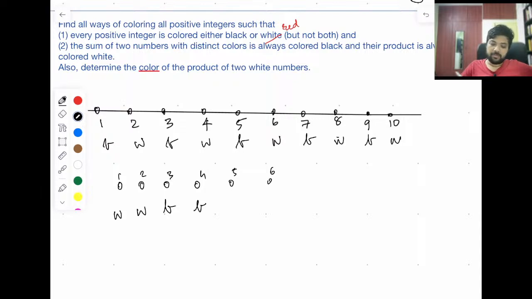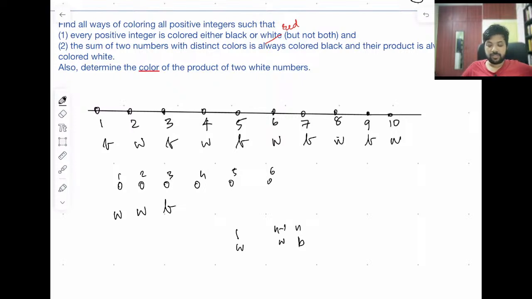That is a problem. So if 1 is white and any number n is black, we are in trouble, no? If 1 is white and n is black, we are always in trouble. If the first time black appears is at n, up to n minus 1 it is white.